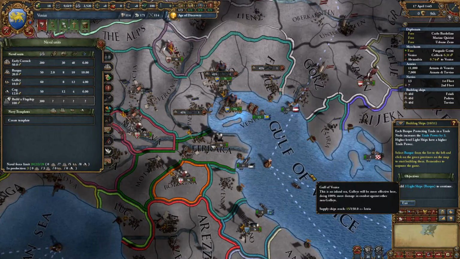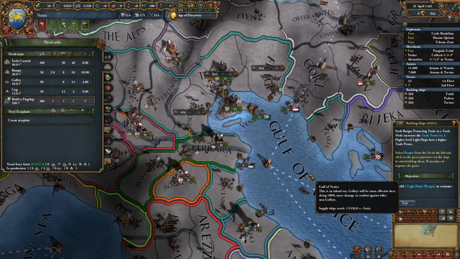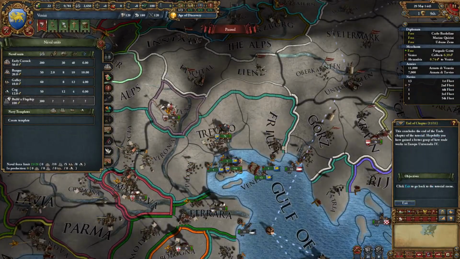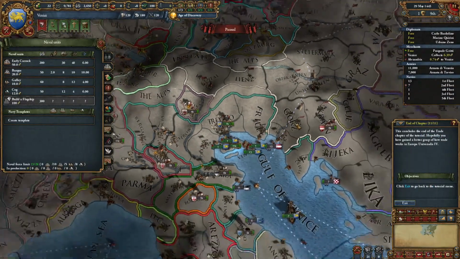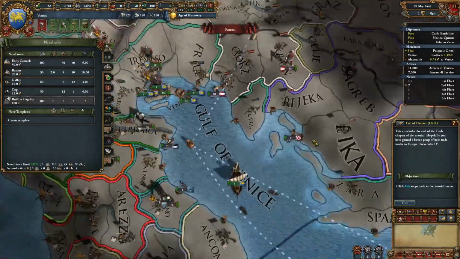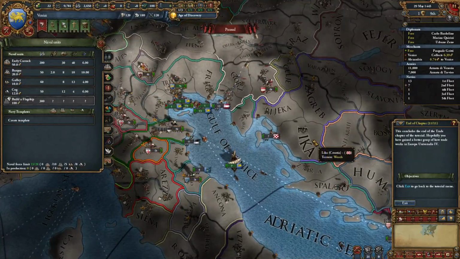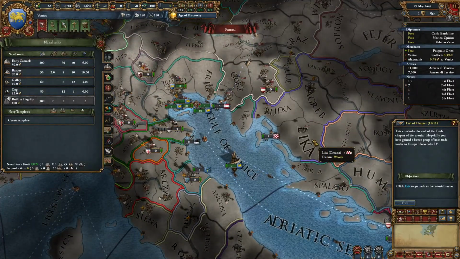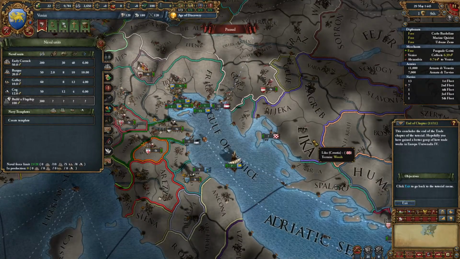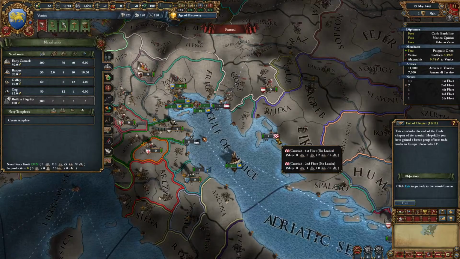Oh, 40. There we go. And so now we've got an extra 3 ships. This concludes the end of the trade chapter of the tutorial. Hopefully you have gained a better grasp of how trade works in EU4.